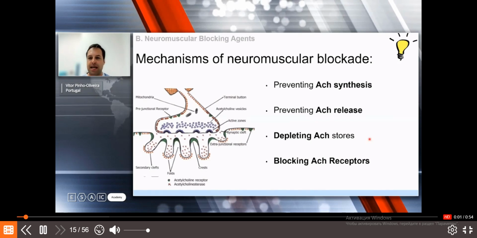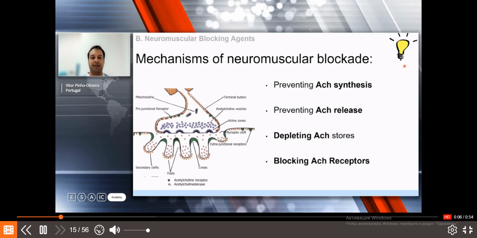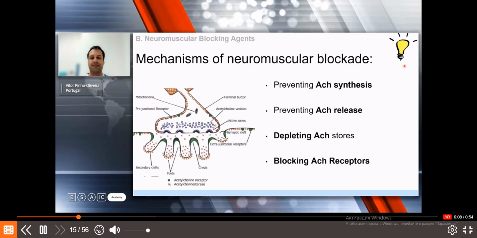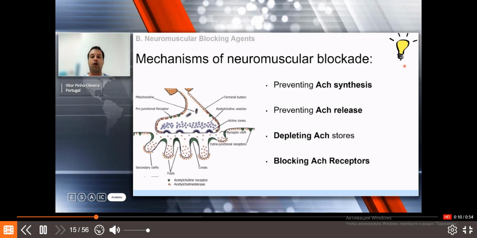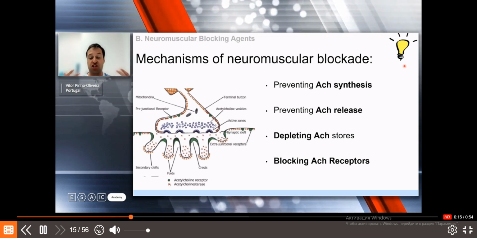When you see this lamp sign on my slides, that's a typical question that we examiners like to ask our candidates, to see how comprehensive the knowledge of the candidate is.